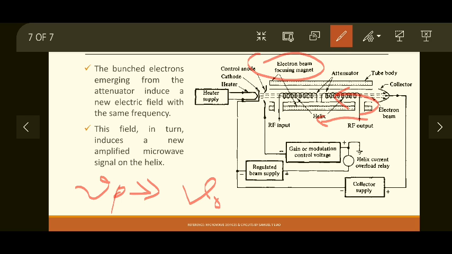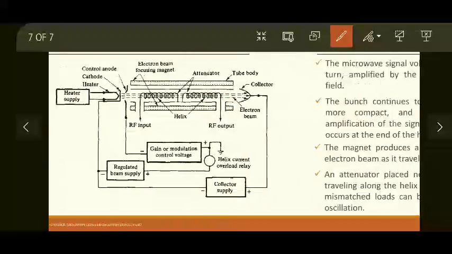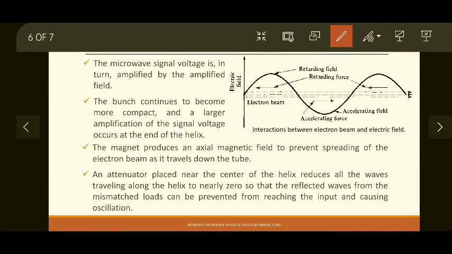There is a small part that will be satisfying this relation. A small part of the input signal will satisfy this relation, so some backward wave will be experienced by the structure, and to block that, attenuators are present. The entire signal will not be able to reach the collector because the original signal, obviously, will be amplified, but some part will have a backward wave, and that should be blocked.